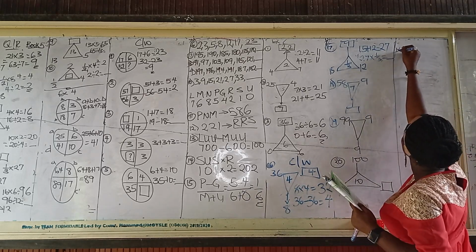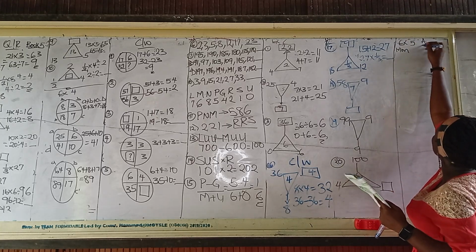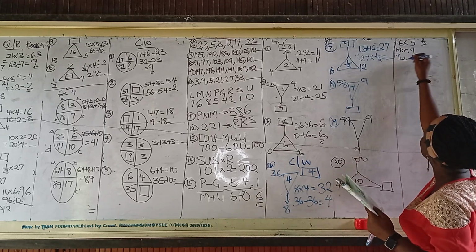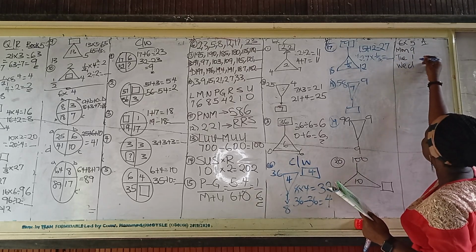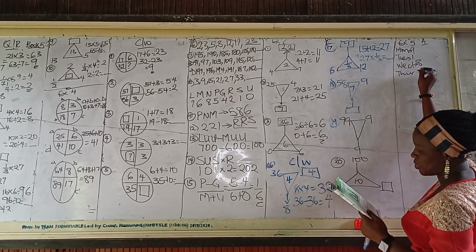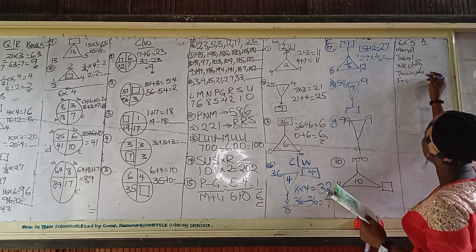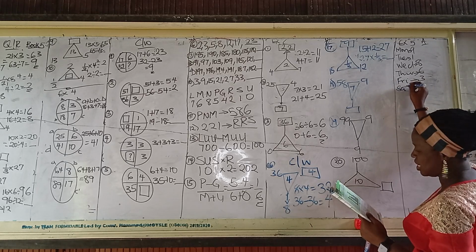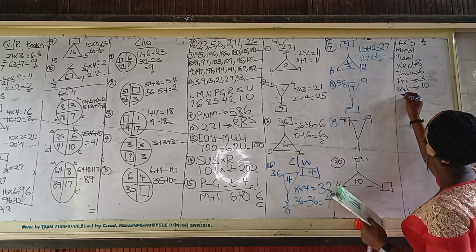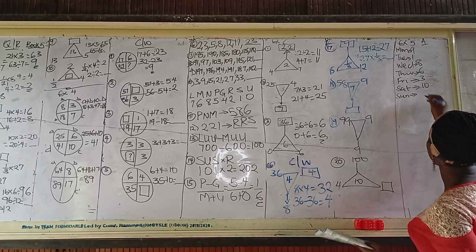This is exercise 5, section A. On Monday we have 9, on Tuesday 1, on Wednesday 8, on Thursday 6, on Friday 3, on Saturday 10, on Sunday, let's say we have 5.